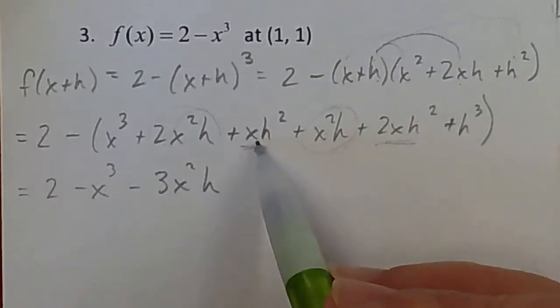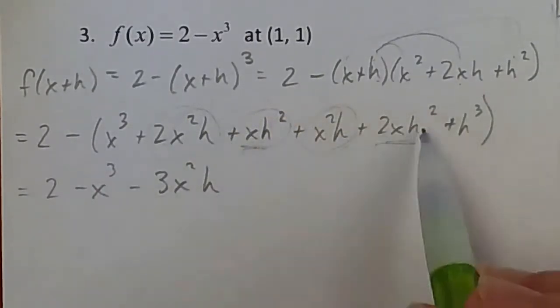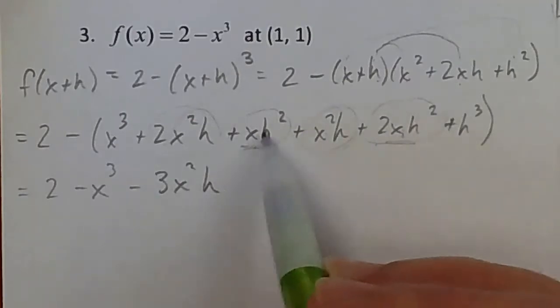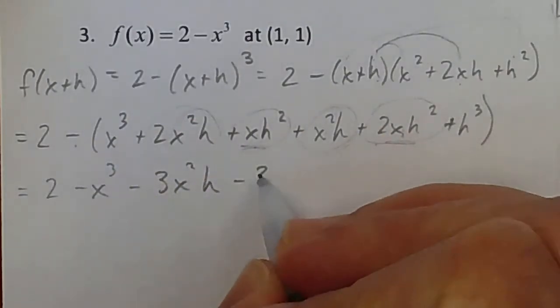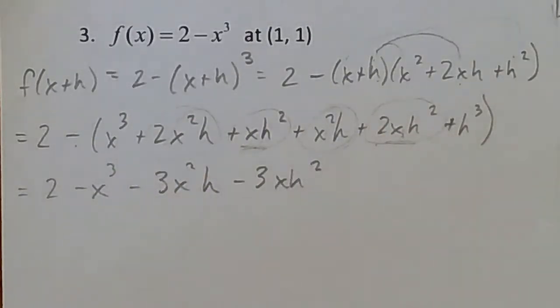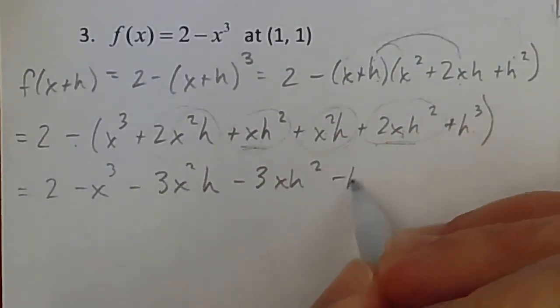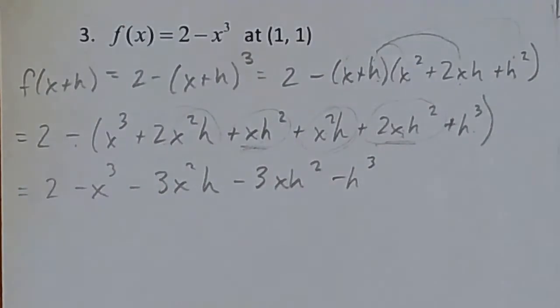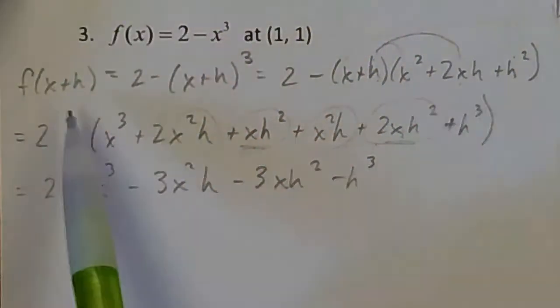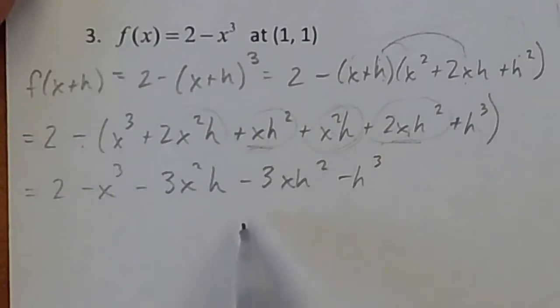Looks like I have 3 again of these xh squareds, right? 1 and 2 of them, so that's 3, but I'm subtracting it. And then the h cubed, subtracted. Okay, so things kind of already simplified down a little bit with some of these combining like terms. Now we have the function with x plus h. Took a while, but there it is. Now we can set up our limit and get the derivative for the function.